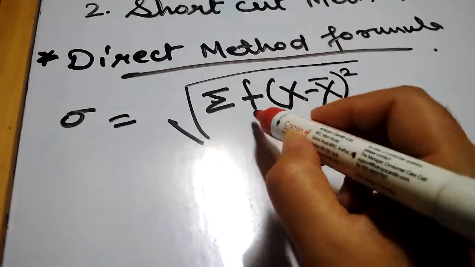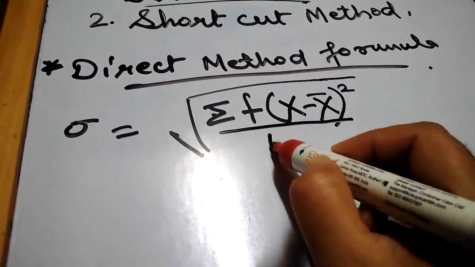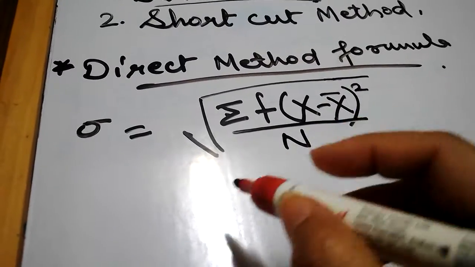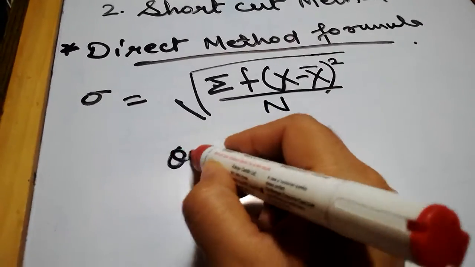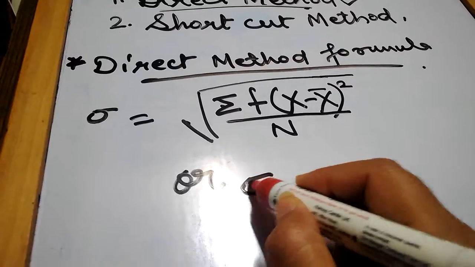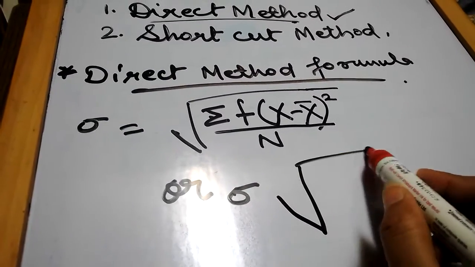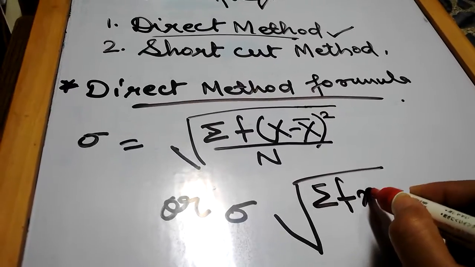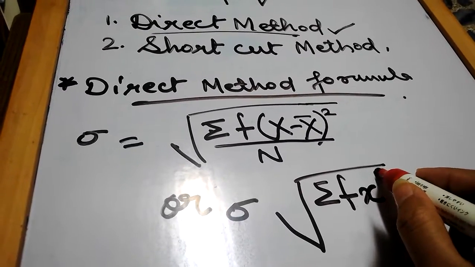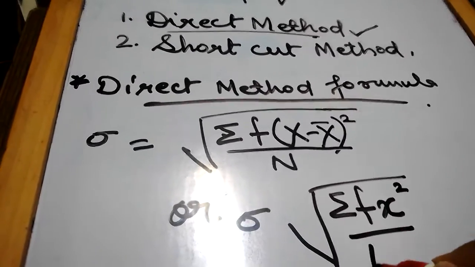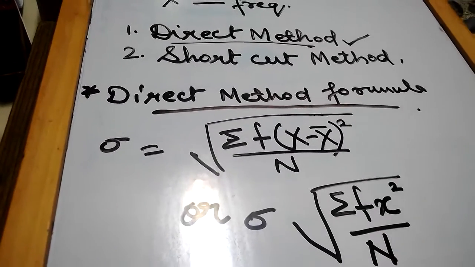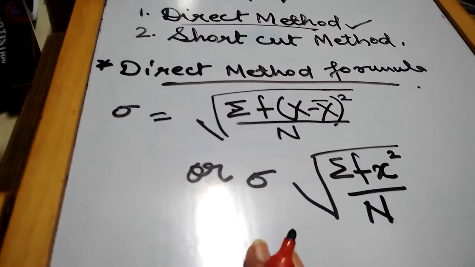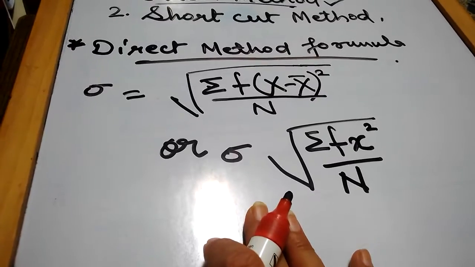Then we have to divide it by n. Or you could say the other formula for this is sigma equals the square root of summation f small x square divided by n. Fine, children, I guess these formulas are clear.